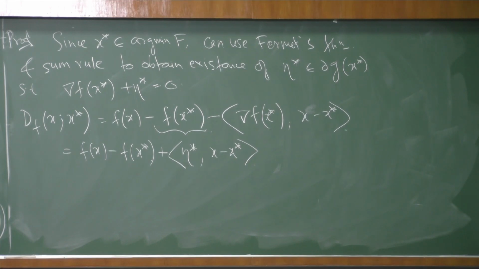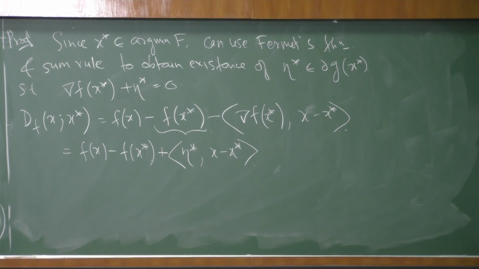If a vector eta star has to be a subgradient of G, then this guy should be positive. By this I mean replace f by G, and then for any x and y, in our case it will be x and x star.